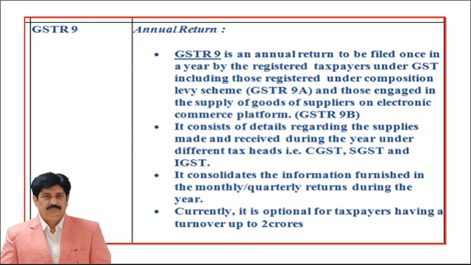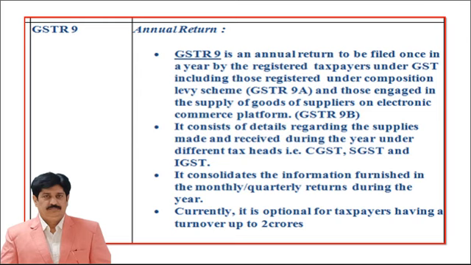GSTR 9 is filed once in a year by the registered taxpayer under GST, including those registered under the composition scheme, who file GSTR 9A, and those engaged in supply of goods and services through an electronic commerce platform. They are required to file GSTR 9B.